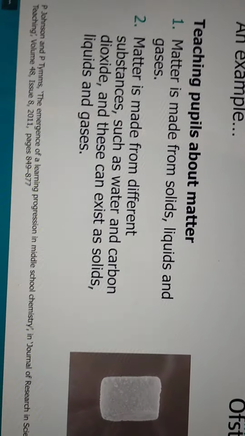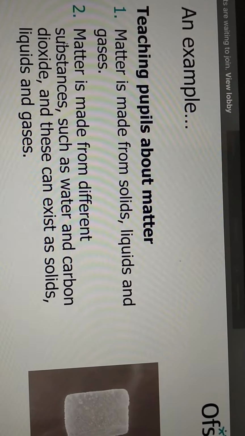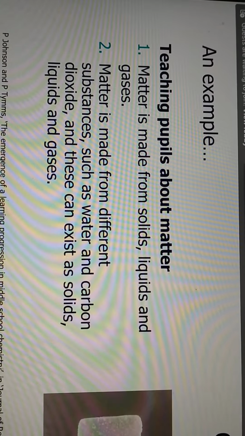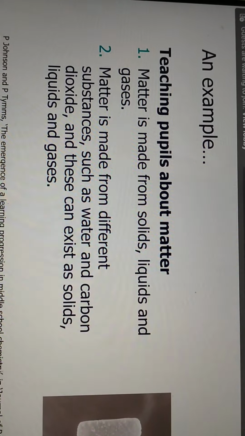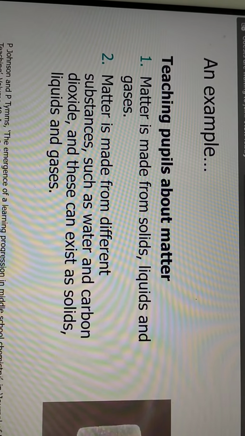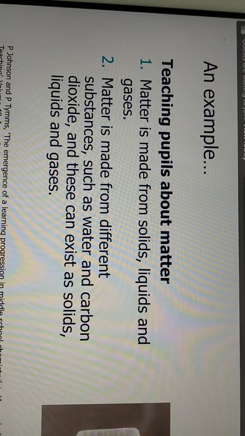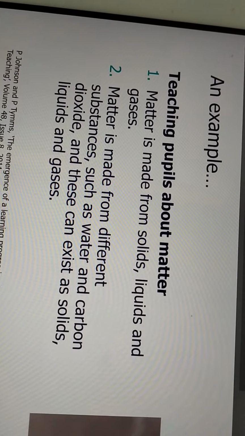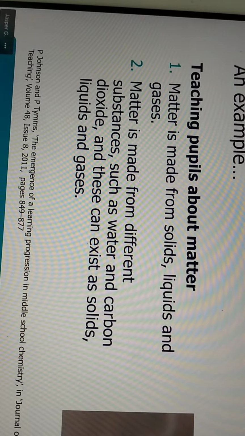And so by starting pupils' understanding of matter thinking very much about substances, that can play an important role in making future learning easier and misconceptions less likely. So the take-home from this slide is that by thinking carefully about what pupils learn when, it can make future learning either easier or harder and increase or decrease the likelihood of misconceptions.